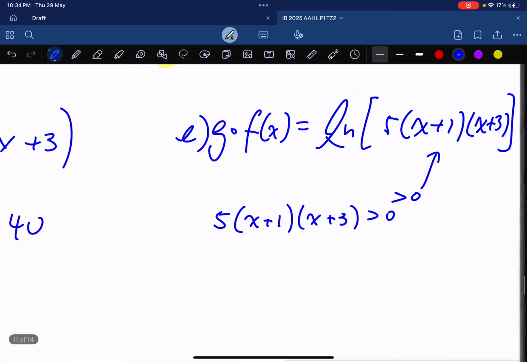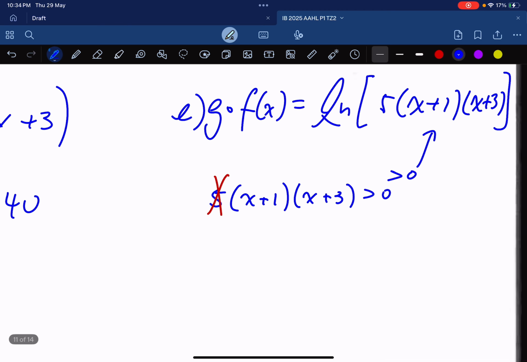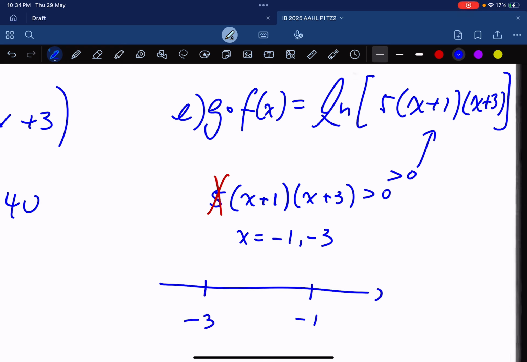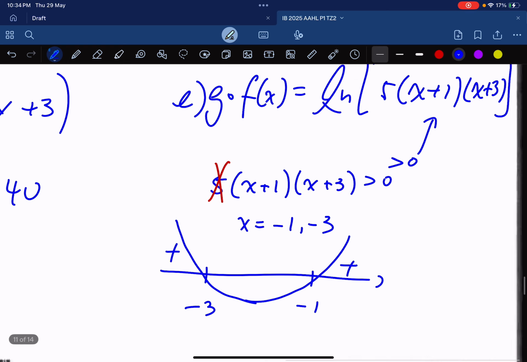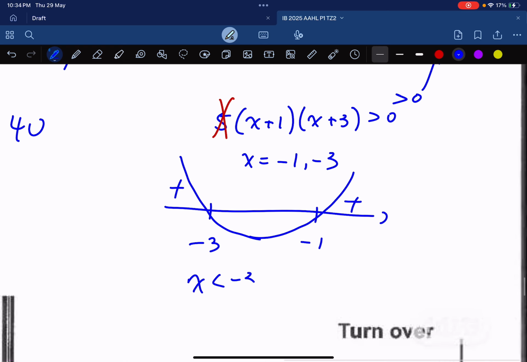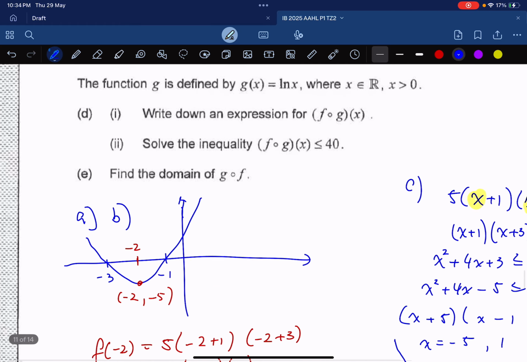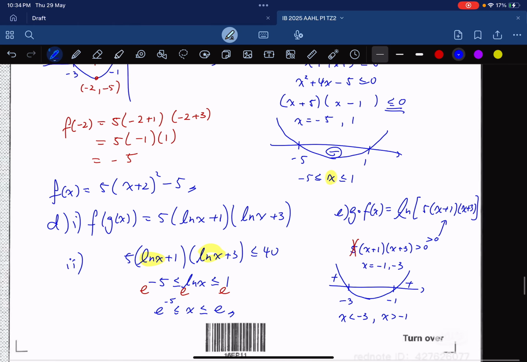Divide both sides by 5, so this is gone. So x + 1, x + 3, so x is -1, -3, and the graph should look like this. I want the part that's bigger than 0, so it's this part and this part. So x smaller than -3, x greater than -1. Actually, we got this graph already, so you don't really need to draw it again.